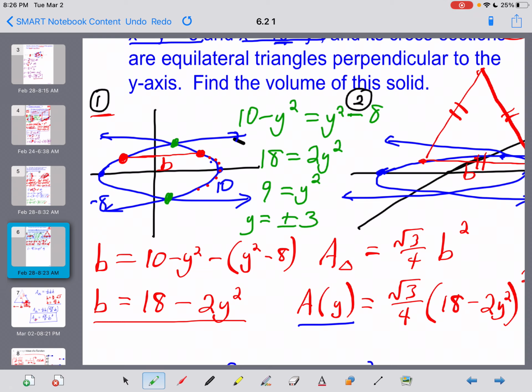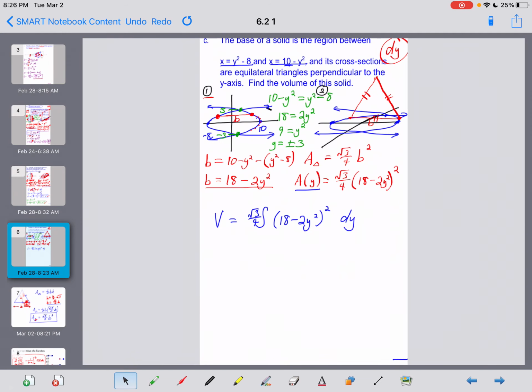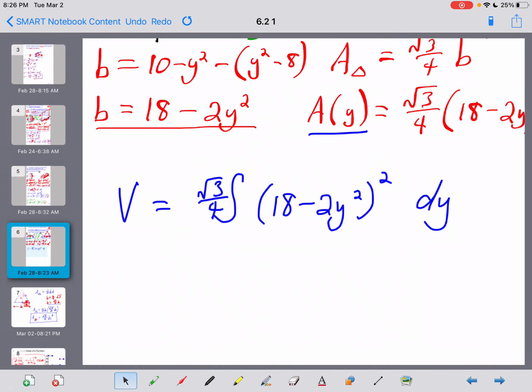So we could integrate this thing starting right here at negative 3 and ending up here at positive 3. Or we can learn the lesson from the last two problems. It's easier to do this one if we take advantage of the symmetry of that region and just go from 0 to 3 and double it. So I'm going to do that even though this is not going to be an integral that I'm going to do by hand.